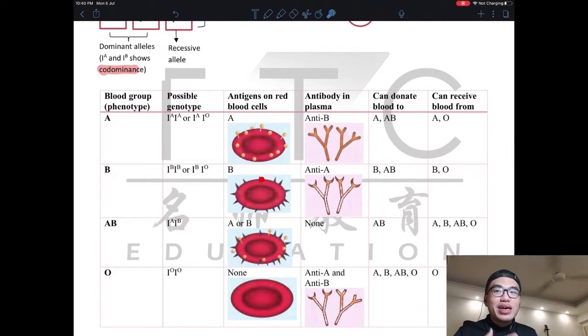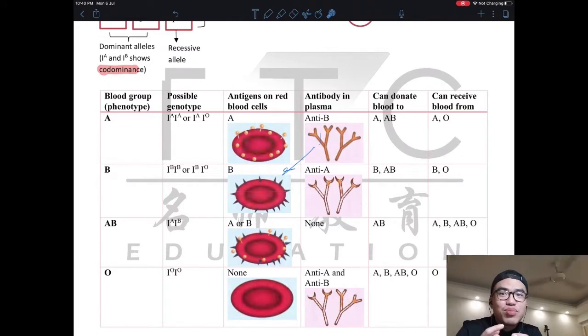So let's imagine I have blood type A. All the red blood cells in my body have round shaped markers, and I have anti-B antibody. Can you see the antibody is like a triangle shape, which fights blood type B. So if I'm blood type A, I have anti-B antibody in my blood. Anti-B, I will fight B.